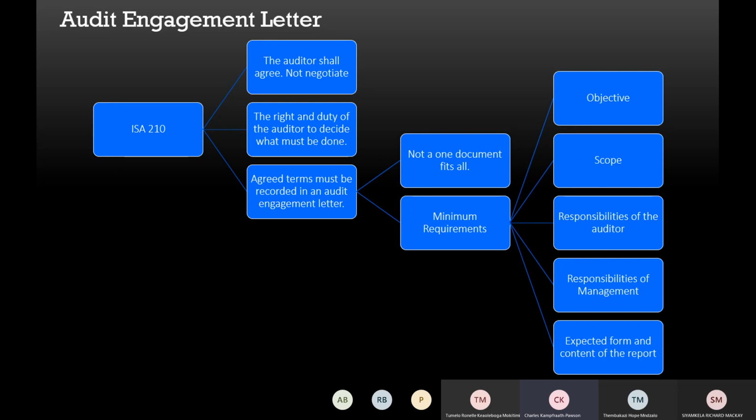So what does that mean? A normal audit opinion will sound like, based on the audit work conducted, we can provide reasonable assurance that the financial statements of a company are free of material misstatements and omissions, and so on. There's a whole paragraph.